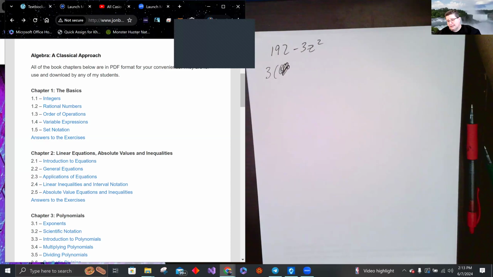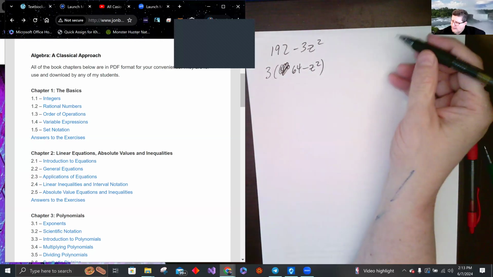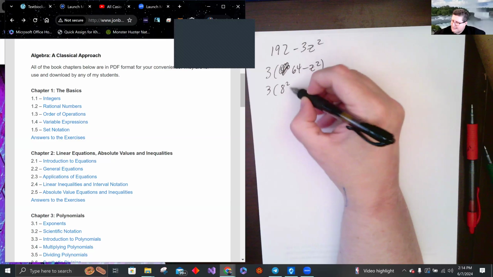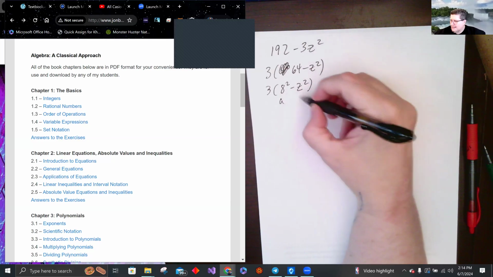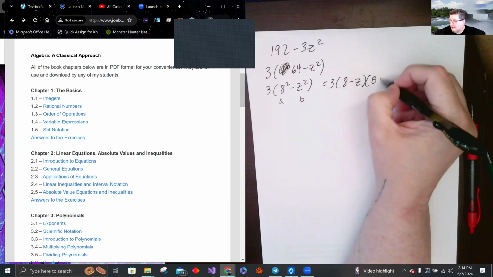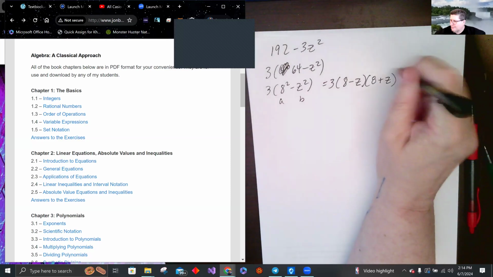I'm just over here guessing. What is 192 divided by 3? 64. That is 8 squared minus z squared, which means this is like A and this is like B. I have 8 minus z and 8 plus z. And that'll be the factored form there.